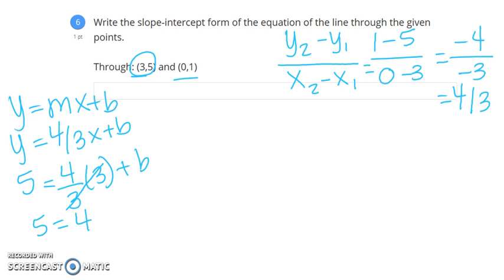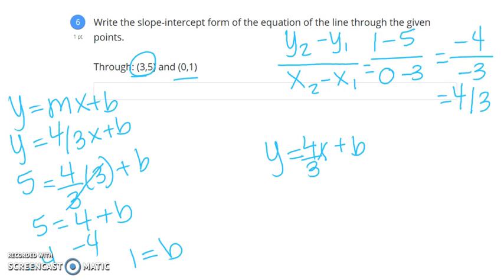So I end up with 5 equals 4 plus b. I can subtract 4 from both sides. So 1 is equal to b. My slope is 4/3, so y equals 4/3 x plus b. That y-intercept, not the slope, that y-intercept is 1.